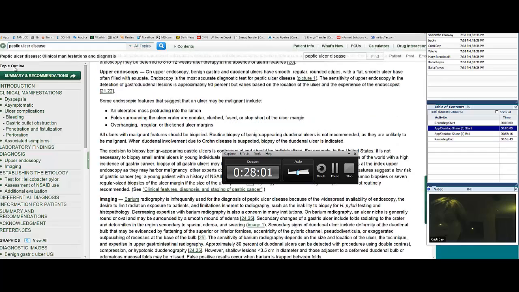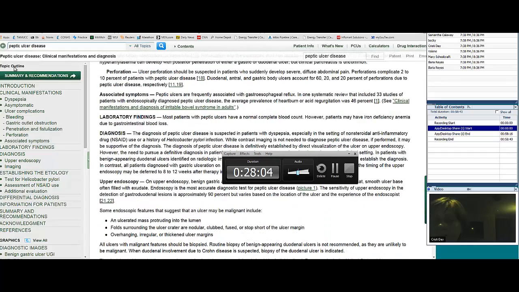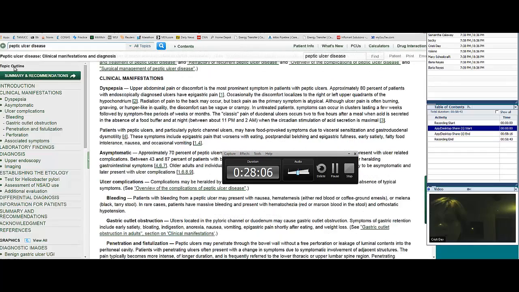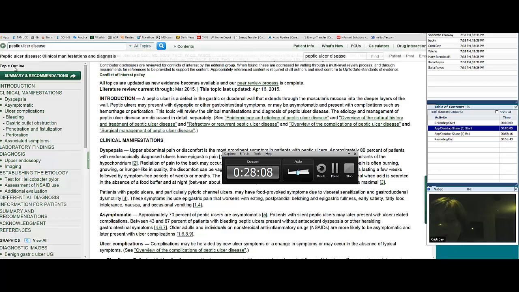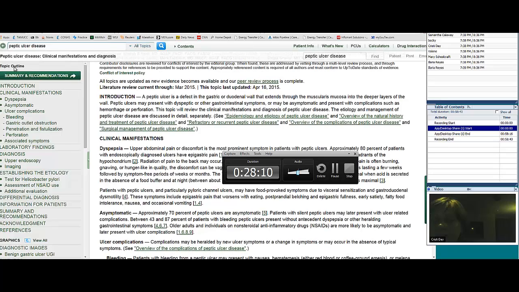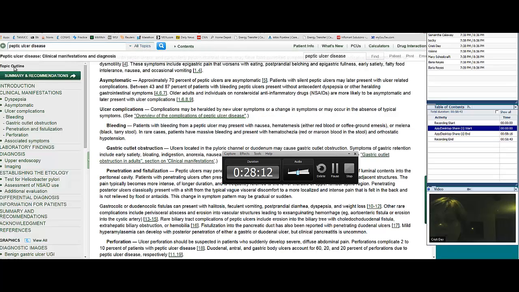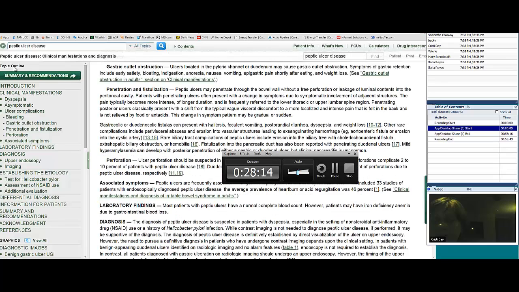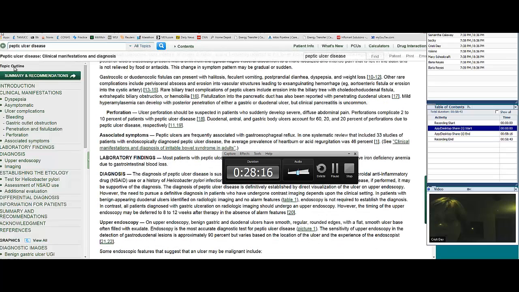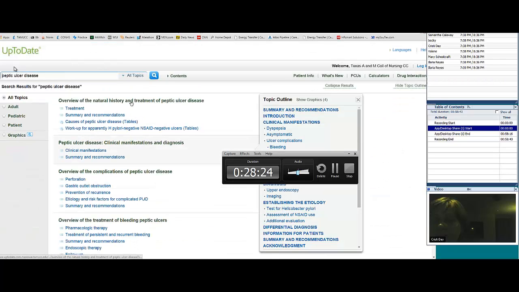What's the difference there between what you're going to find? Peptic ulcer, dyspepsia, pain, bleeding, perforation. I'm like y'all, I just want it to be right there, so easy to find. Okay. What did you say?